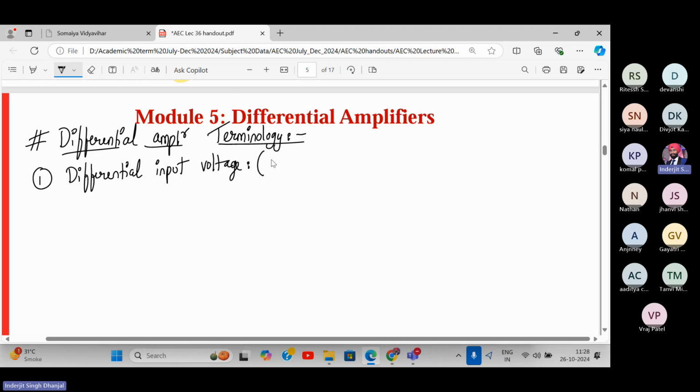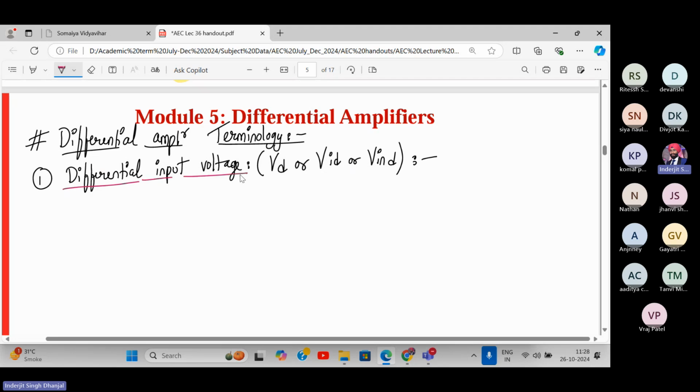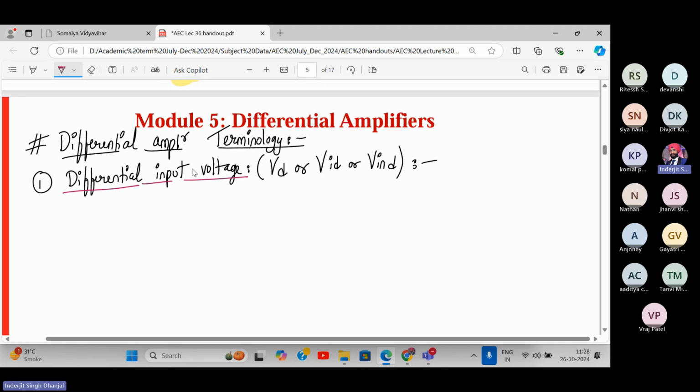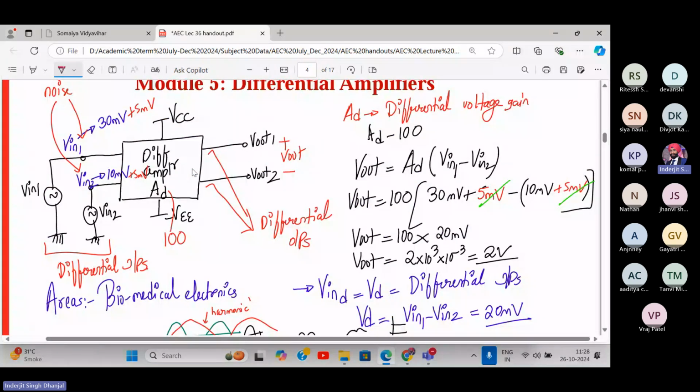So differential input voltage is denoted by VD or VID, or it is also sometimes written as V in of D. Can you tell me in this example how much is the differential input voltage which I have shown you? In this example, how much was it? 20 millivolt. Yes, correct. This is the differential input signal.